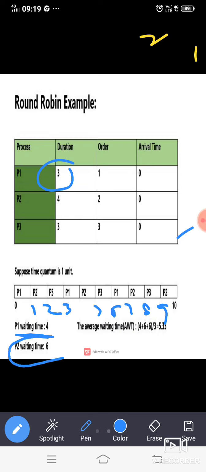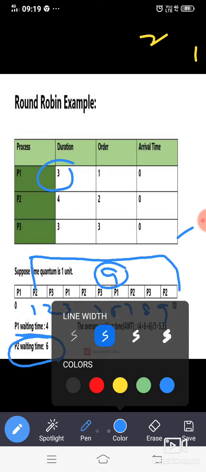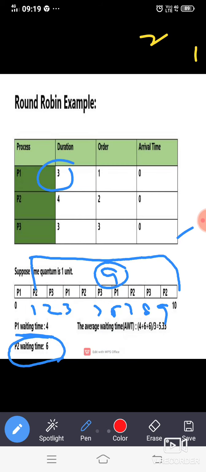So what he is saying is the P2 waiting time is 6. How can you say the P2 waiting time is 6? Again, take P2 where it has started. P2 has started over here, and P2 has ended at this position. So from 1 to 10 the total time taken is 9, but the actual time to be taken for the duration of P2 is 4, right?